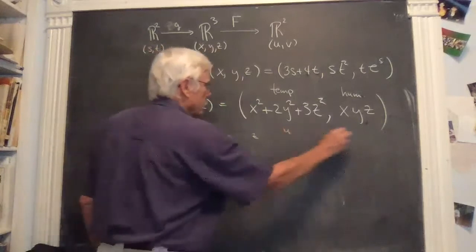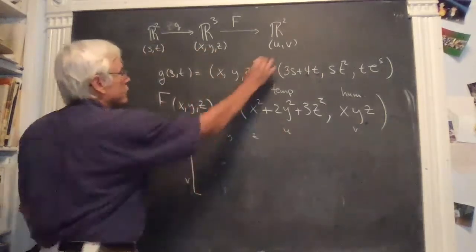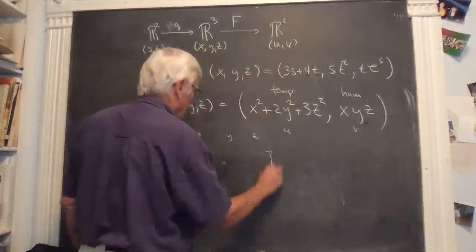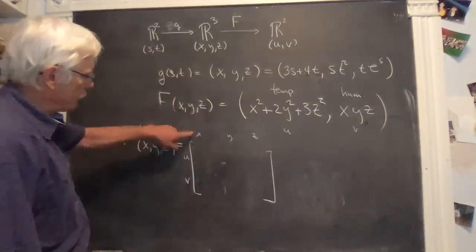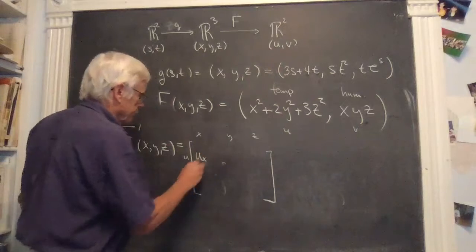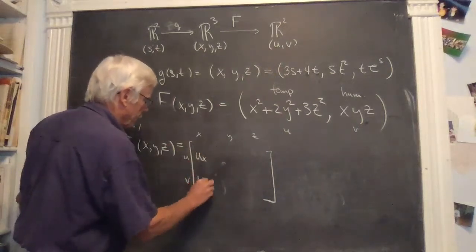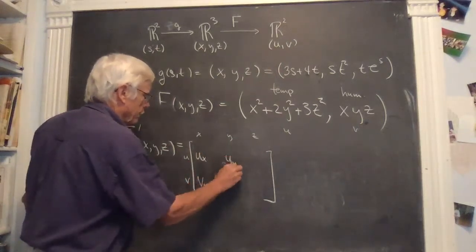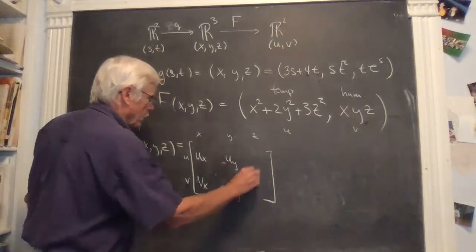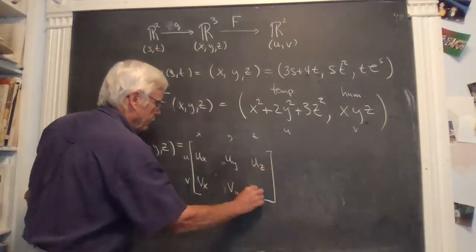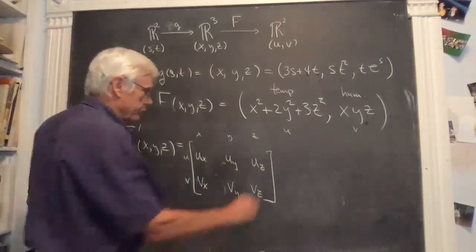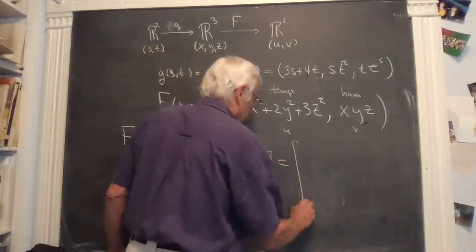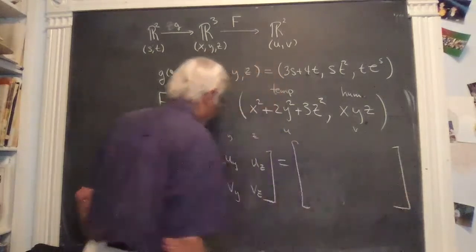So this is the u and this is the v, the variables here. And then this consists of the derivative of u with respect to x, derivative of v with respect to x, u with respect to y, v with respect to y, u with respect to z, v with respect to z. So that's the definition of that derivative. And let's do it for this particular example here.